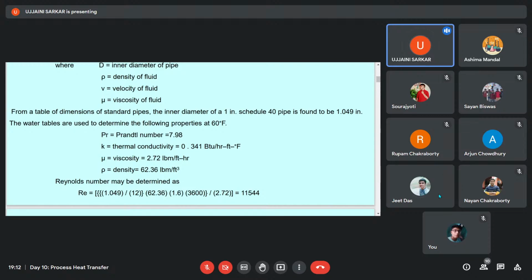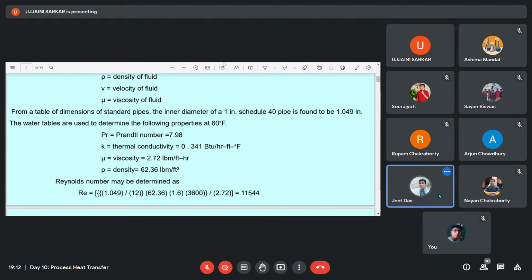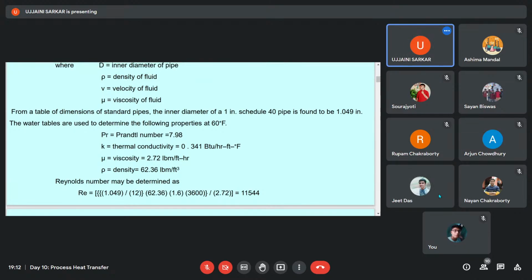Now, if you convert that, what is the value of Prandtl number coming in this problem? Ma'am, in the given problem, the remaining units are in BTU units. So here, convert that.